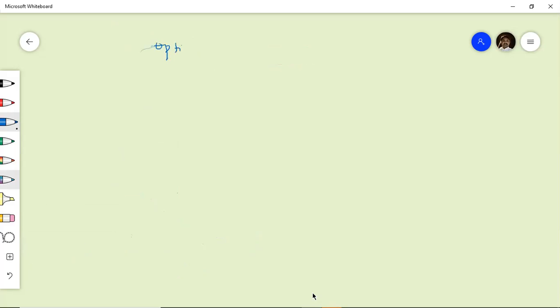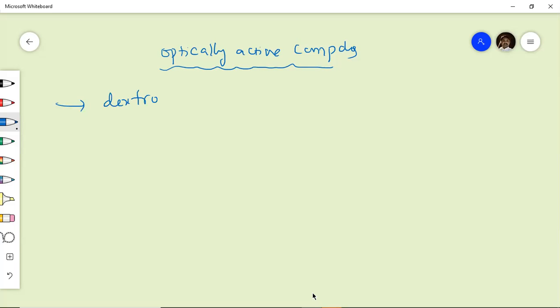These compounds are further classified into dextrorotatory, or D, or as per the latest IUPAC nomenclature plus, which rotates the PPL towards the right.